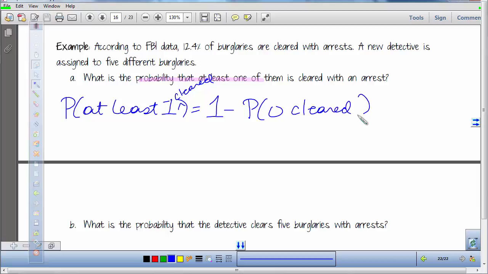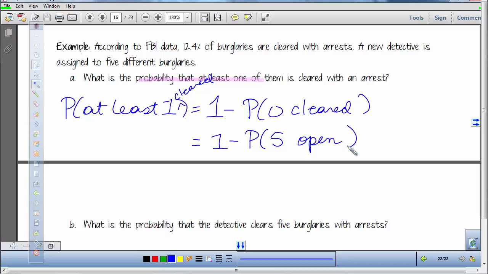He's looking at 5 cases, so if 0 are cleared, then that means we have 5 cases that are still open. So we're talking about the probability of a case that's open, and another that's open, and another that's open, and 2 more that are open.